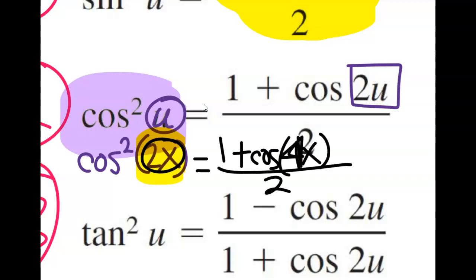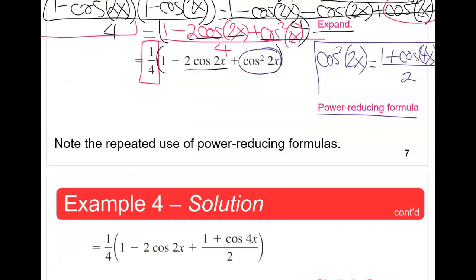So that is the reason I'm saying 4x when we use it on the problem. Since we're doubling the angle 2x, that's why we're going to have 4x. Again, the reason we have to use the reducing formula again is because we have cosine squared here of 2x.